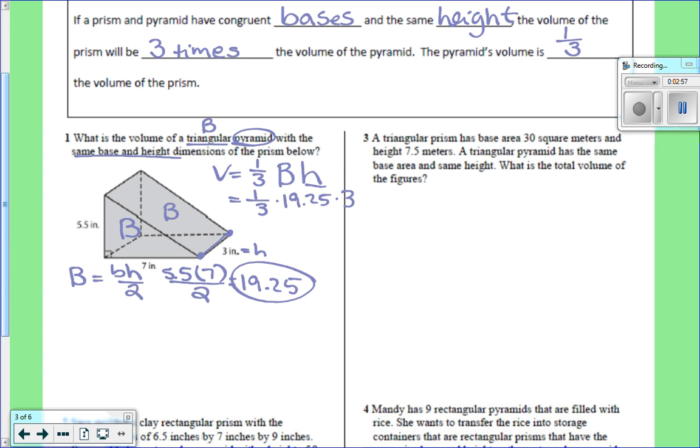So your calculator, 1/3 times 19 1/4 times 3. And the volume of our triangular pyramid is? Yeah, because these kind of simplify out right there. It's 19.25 units, inches cubed. Are we good with that?